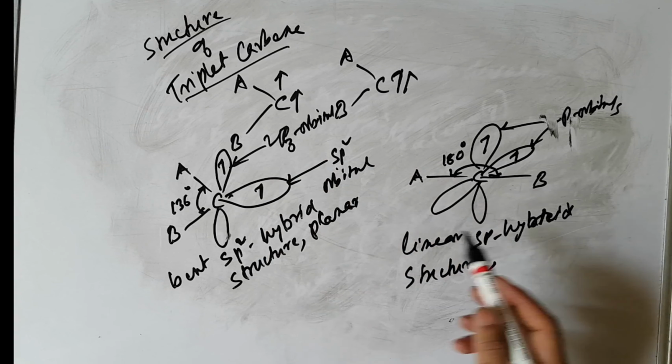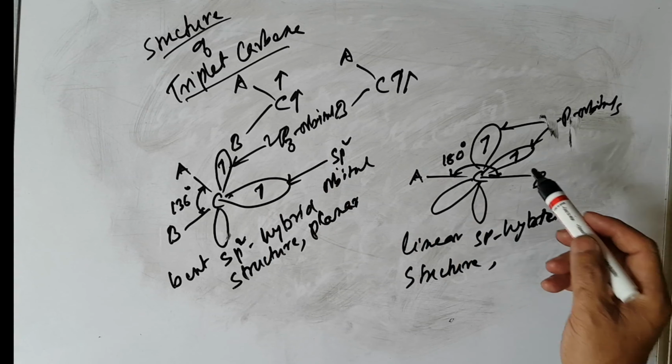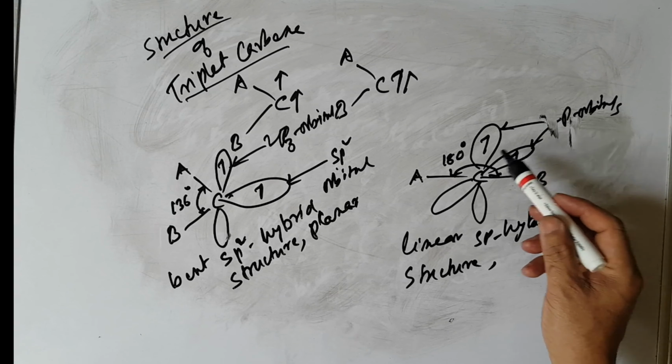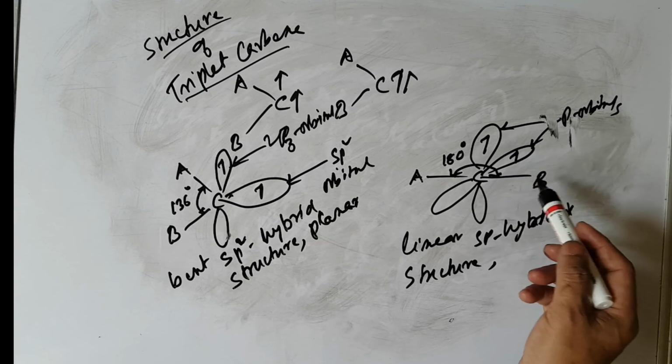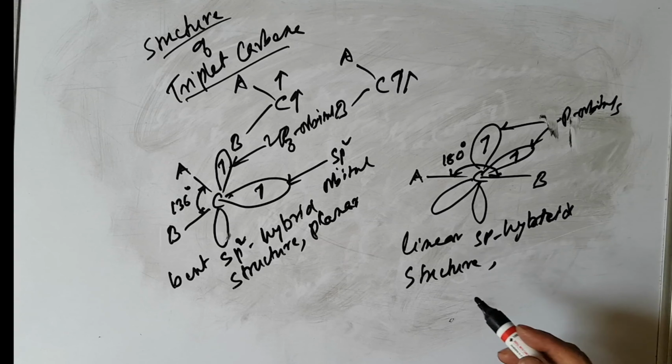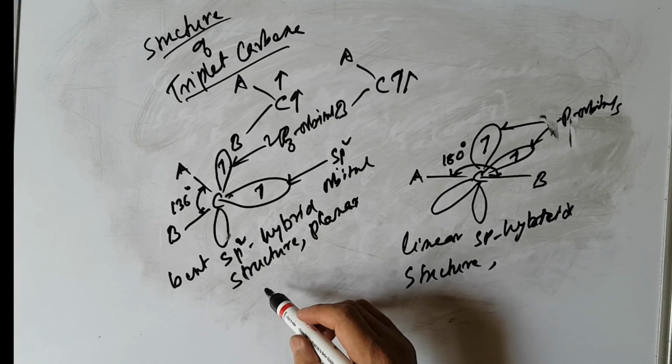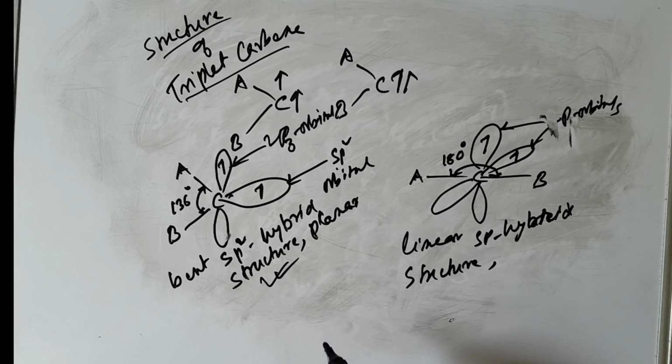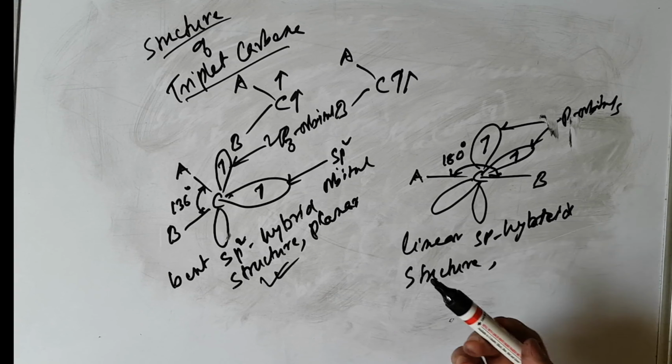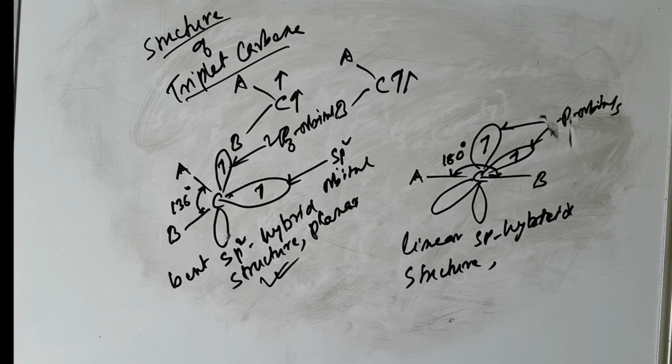In the linear structure, each spin occupies each of the 2p orbitals. But experimental studies find that the bent structure is more favored and is found in most triplet carbenes. They are stable and found in the ground state. So this is about the structure of singlet and triplet carbenes.